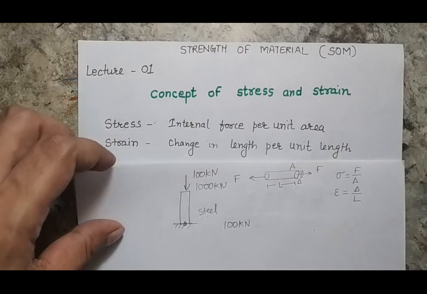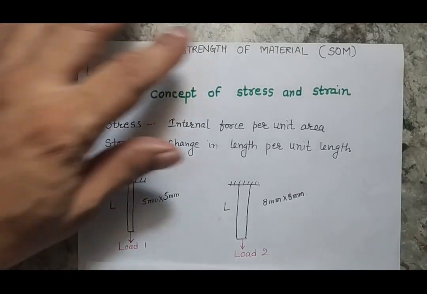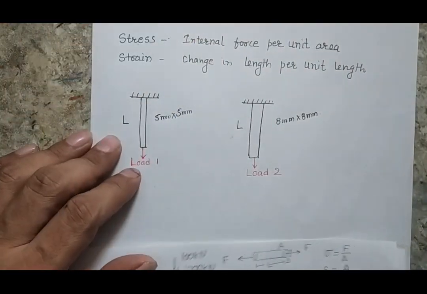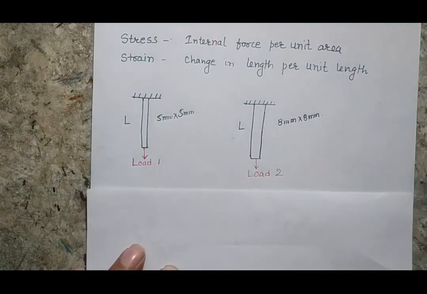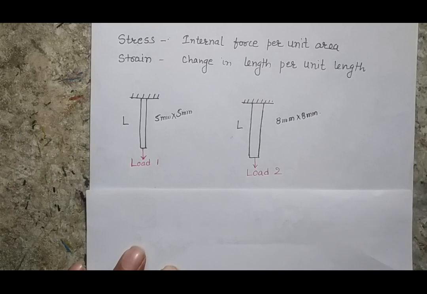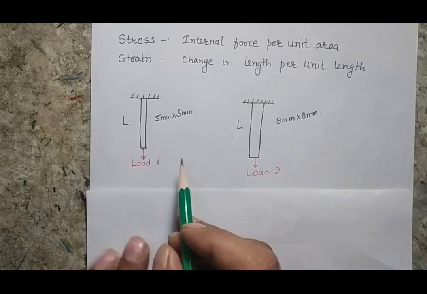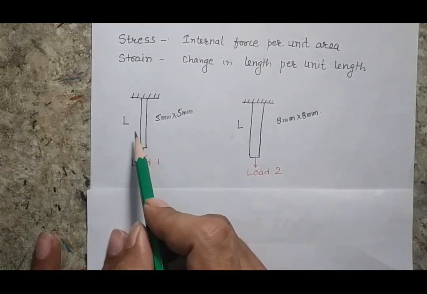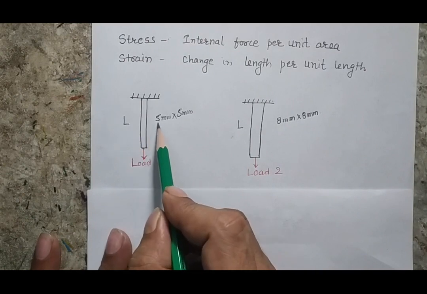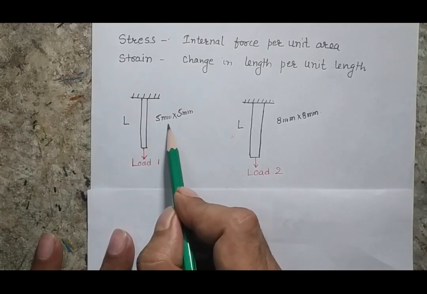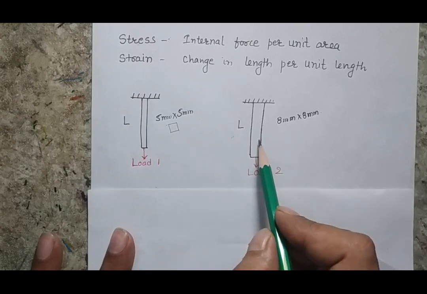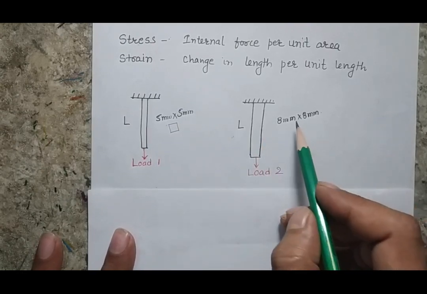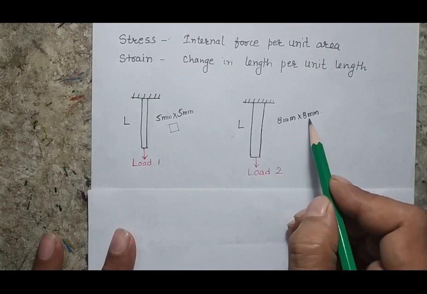Let's take another case. Suppose I have two bars of a particular material, maybe steel, maybe aluminum, whatever you want to consider. One bar is of length L and cross section 5 mm by 5 mm, that means a square cross section. The other bar is also of length L, but the cross section size is 8 mm by 8 mm.